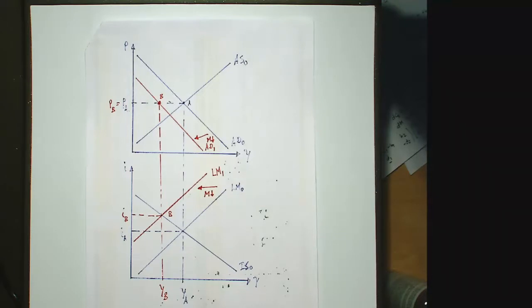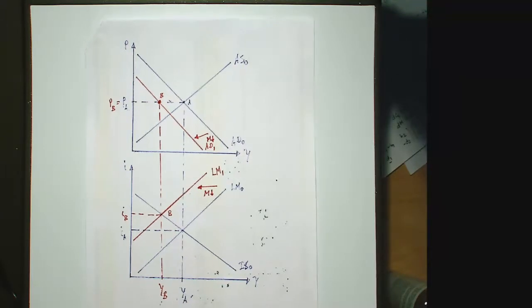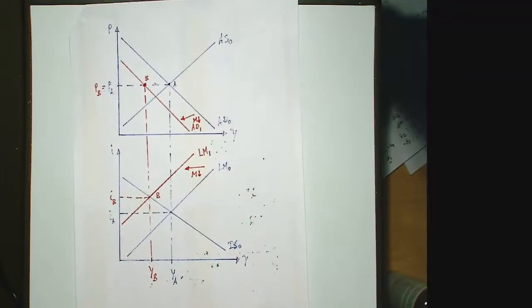A higher interest rate indicates that there will be a lower demand for investment. So there would be a decrease in investment, so that there would be an excess supply of goods on the goods market. The increase in interest rate from IA to IB would imply a reduction of income from YA to YB in our diagram.